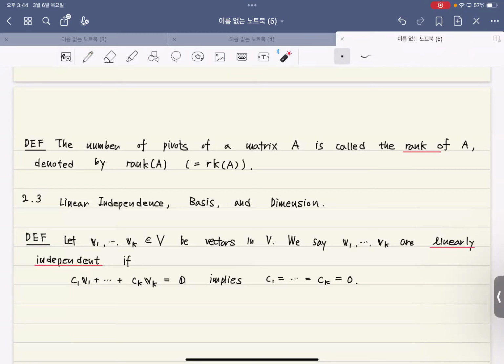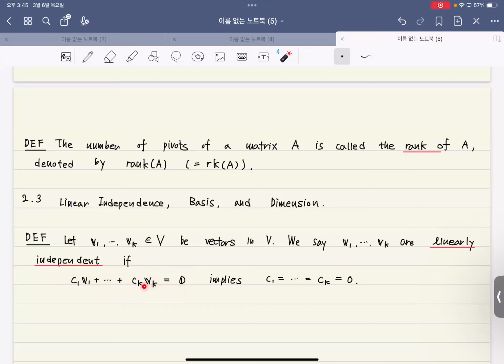This is a somewhat mysterious looking definition, so let me try to explain it a little bit. For c1 to ck and v1 to vk, the v's are vectors and the c's are scalars, and the linear combination equals 0. This is a vector equation. I want to find the coefficients c1 to ck such that everything equals the 0 vector.